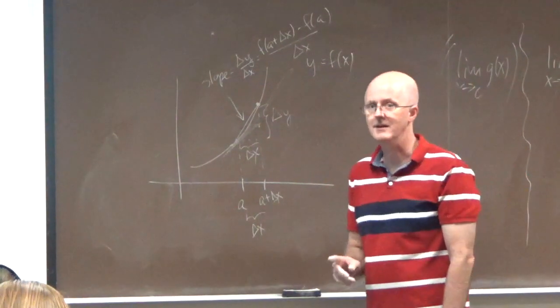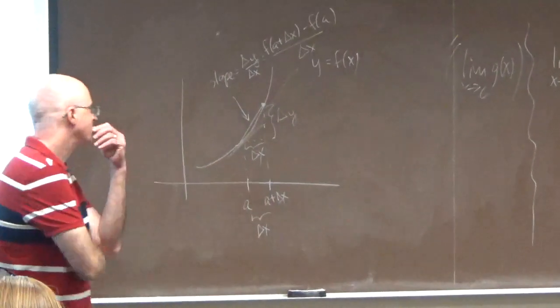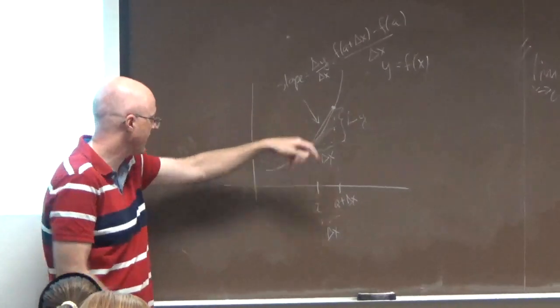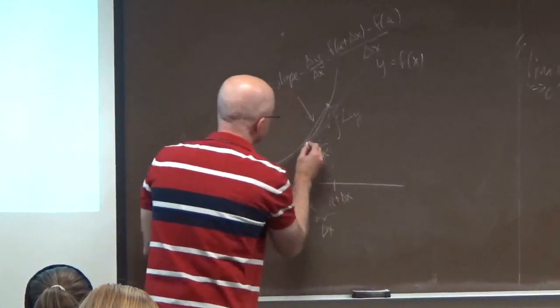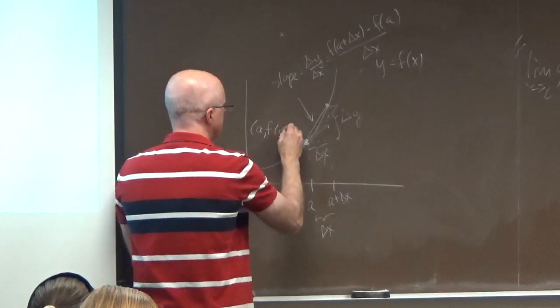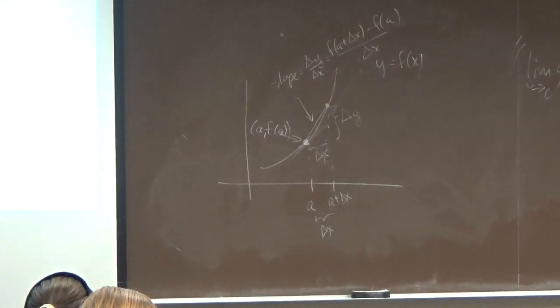More importantly, more precisely, it's the best linear approximation to the graph. What straight line does the graph look more and more like as you get closer and closer to a?